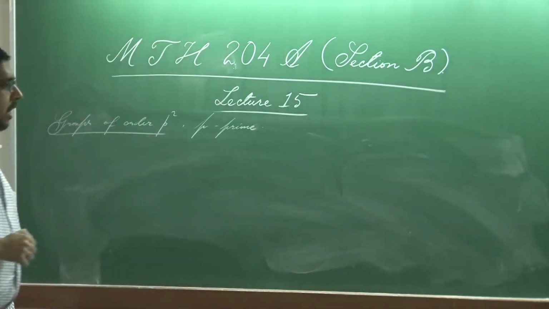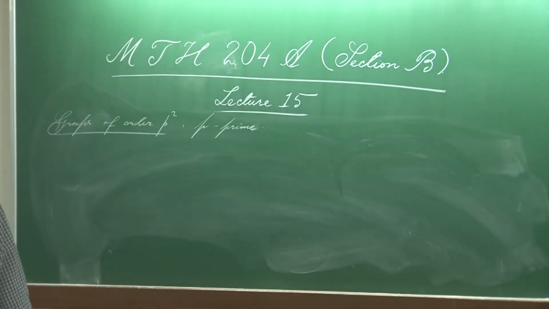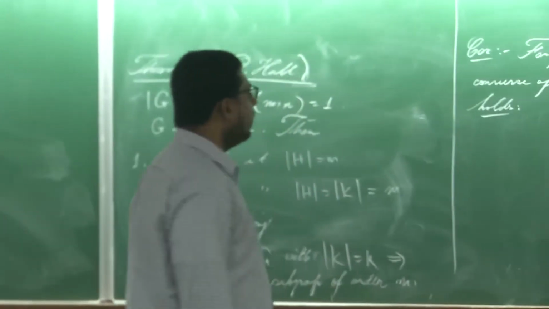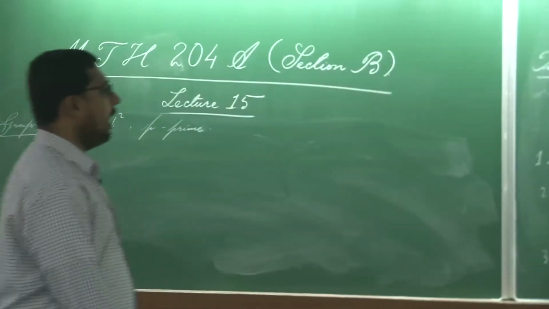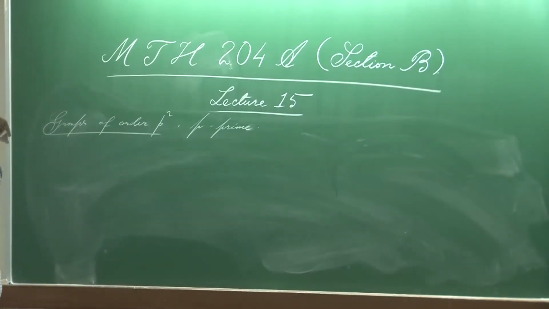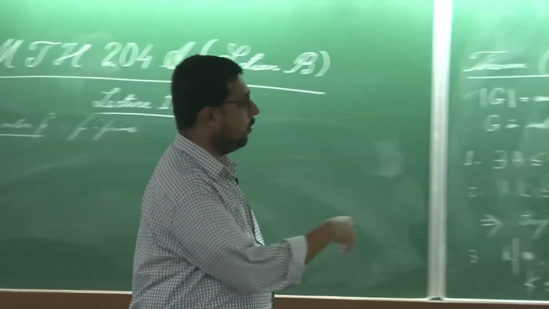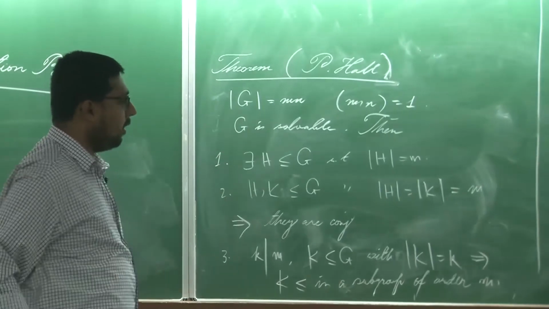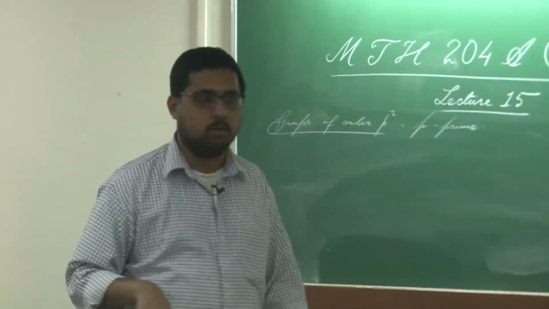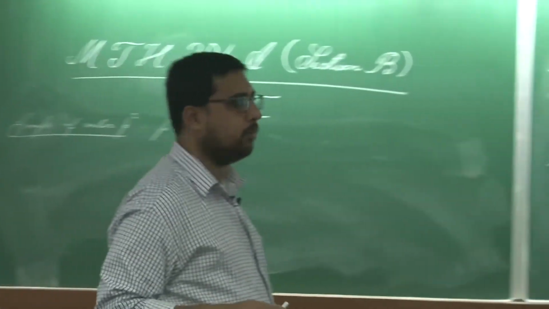We can also classify all groups of order p cube, but for that we need some more work. So we will postpone that for later. Before that we will see some applications of Sylow's theorem. After that we will come back to the classification of groups of order p cube.